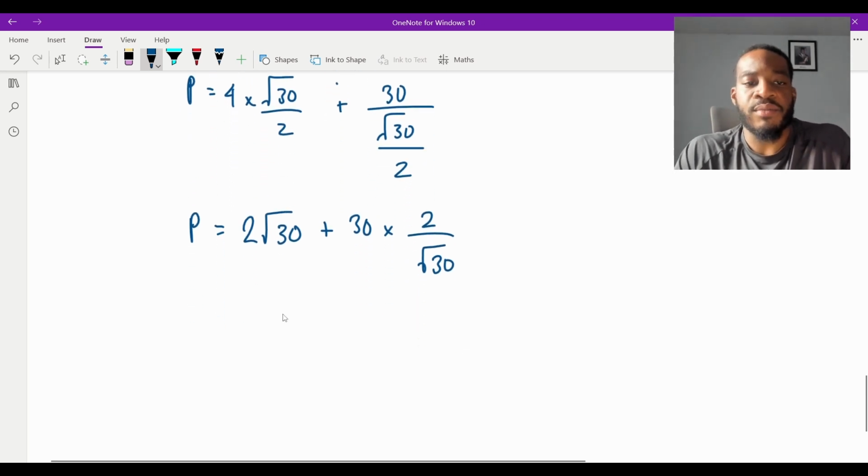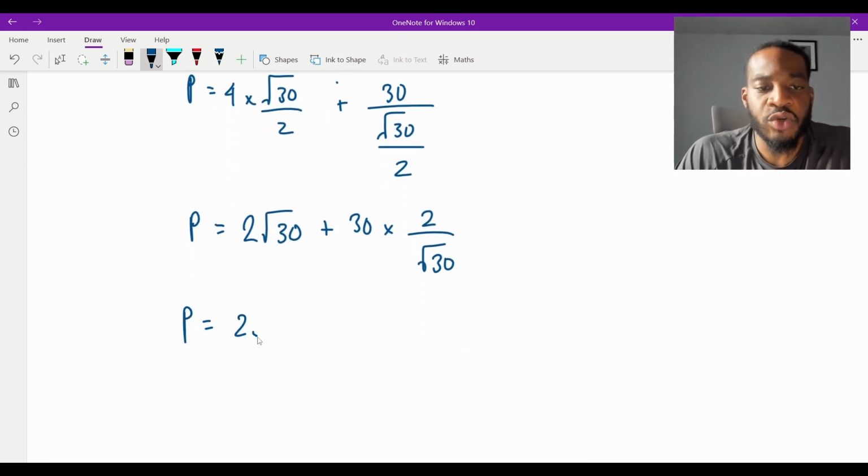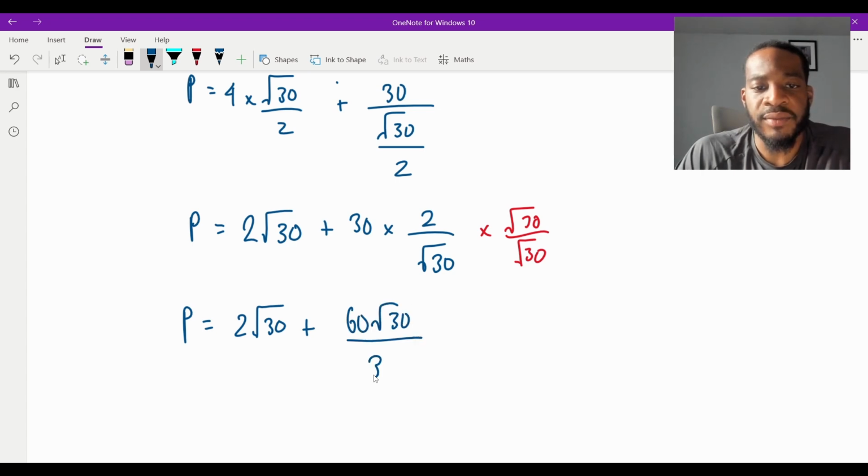And then what we can do is say we've got 2 root 30 there plus, and then we can actually rationalize this, can't we? We can just do that and that. So it's just going to become 30 times 2 is 60. It'll be 60 root 30 over 30.